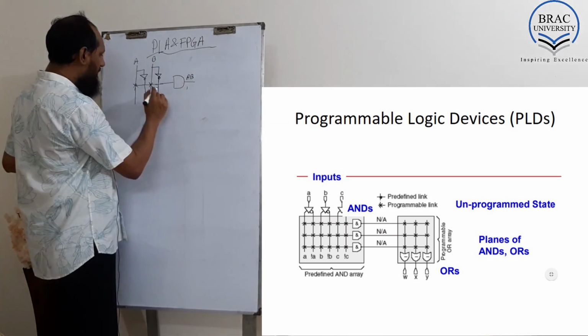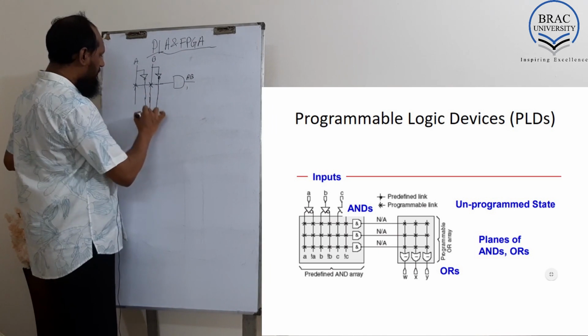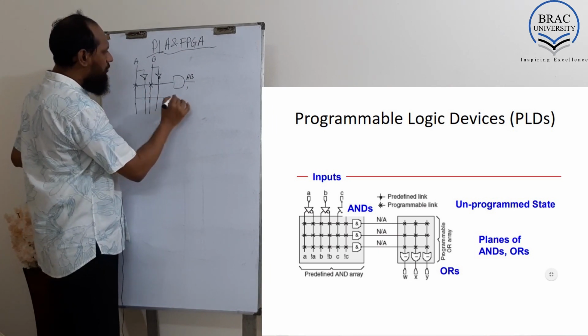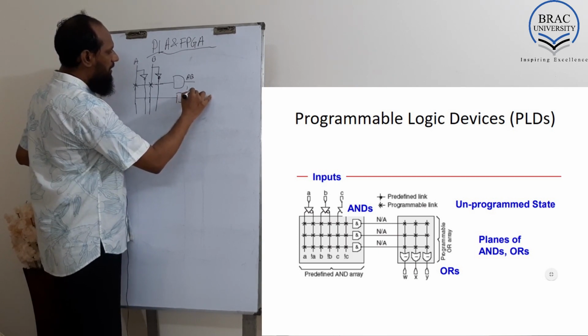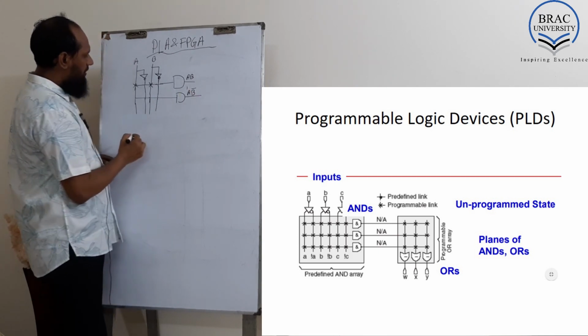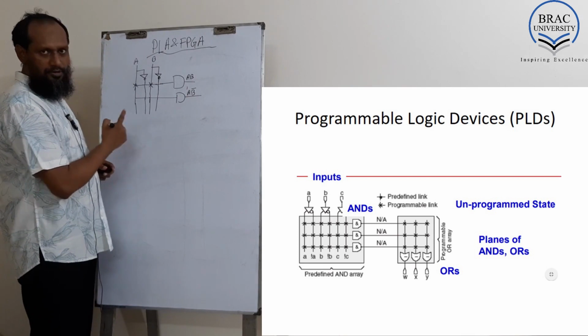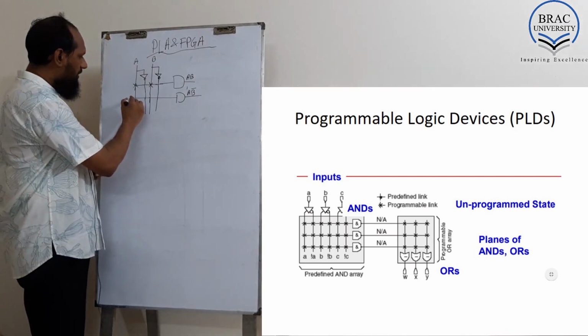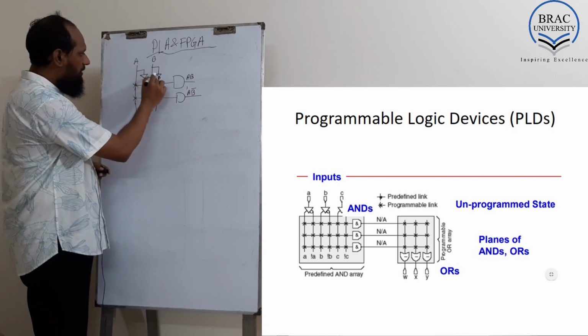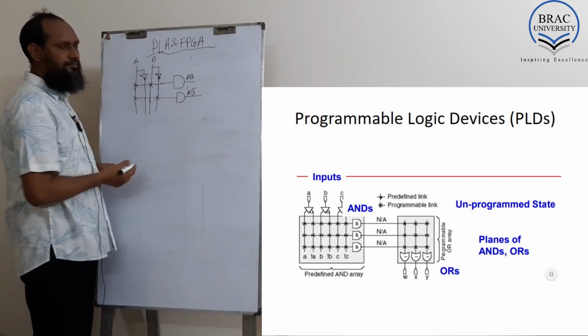If we use another one here, where we want the output AB dash, in that circumstance, which connections will be connected here? You can see A and B dash means here.